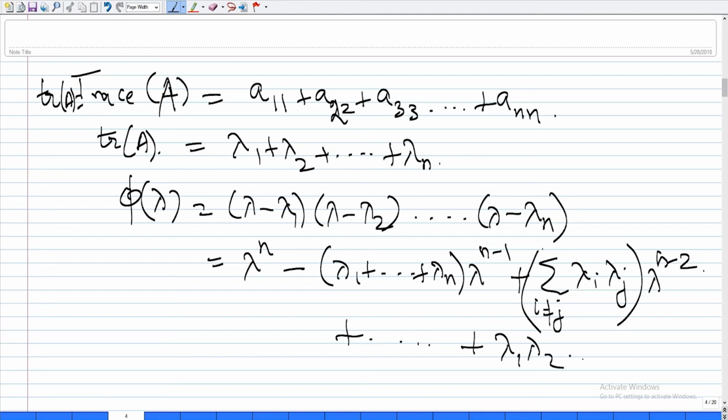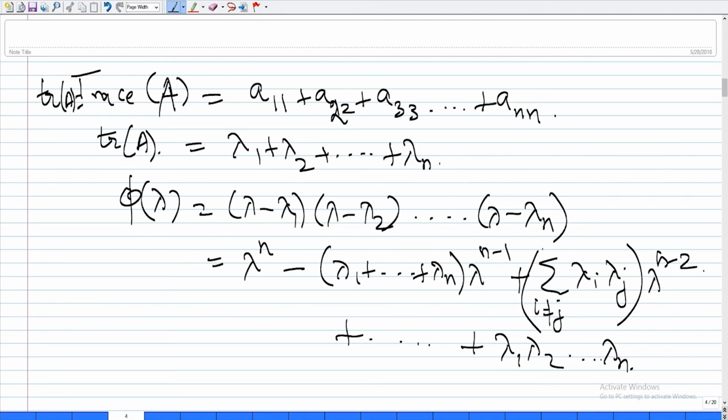Here we are going in a reverse direction: assuming lambda 1 to lambda n are the eigenvalues, we have tried to break the polynomial. We can also see this product, lambda 1 to lambda n, what we have here. What is that? It also represents something specific.